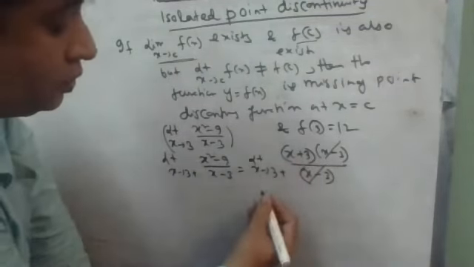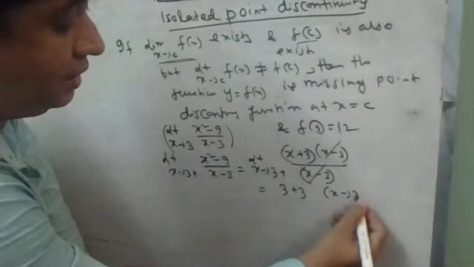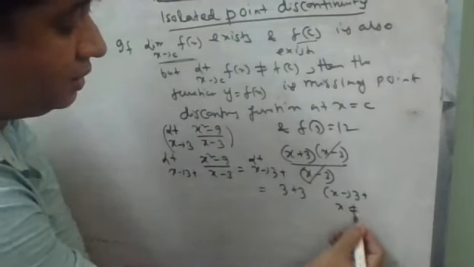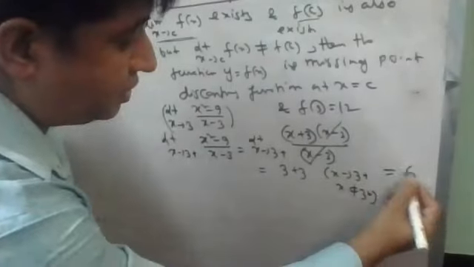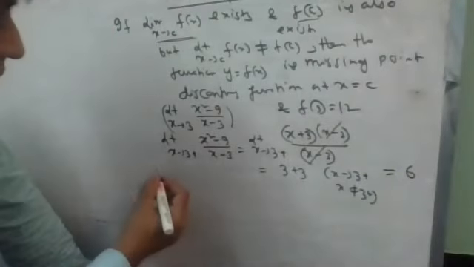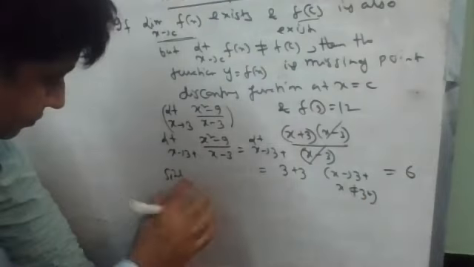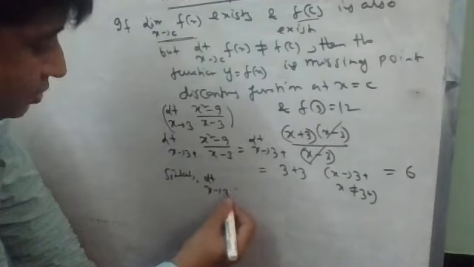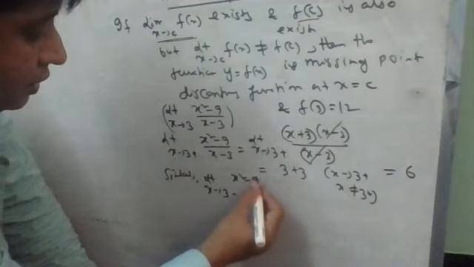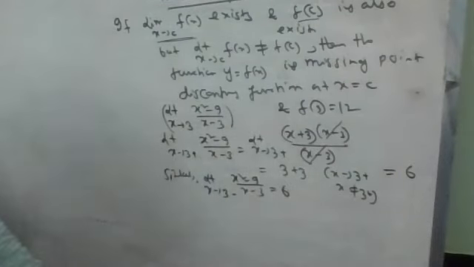Then I can put as a side note x tends to 3 plus, x not equal to 3 plus. Then you will get the value 6. Similarly, limit x tends to 3 minus, (x square minus 9) by (x minus 3) also becomes 6.